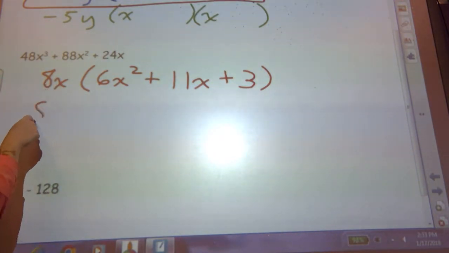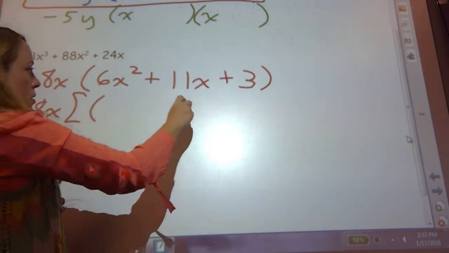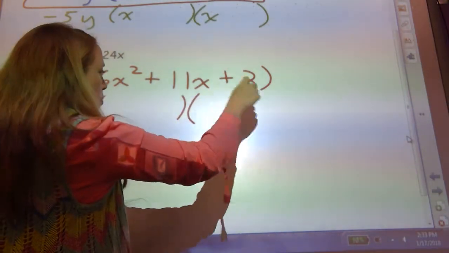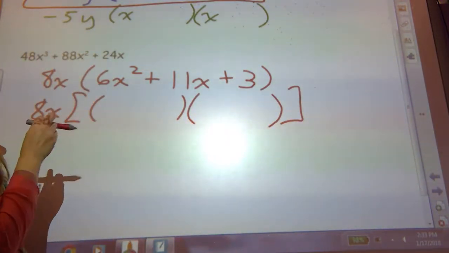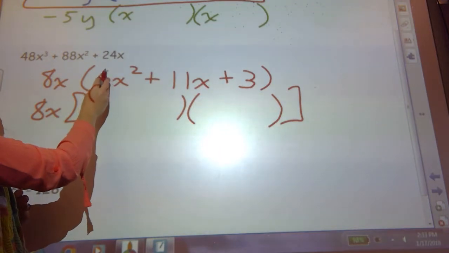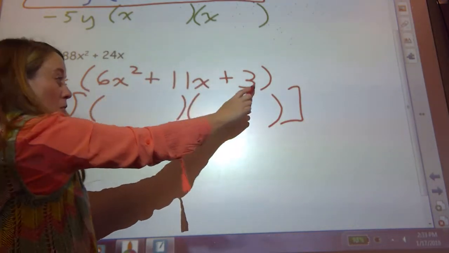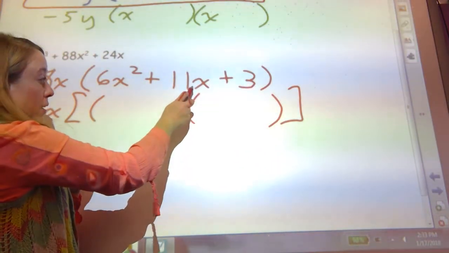So now I've still got this, and inside of this, I'm going to try to factor some more. I don't have any perfect squares, so I can't use that. So let's think about ways that we can factor my 6. So I could do a 2 and a 3. I want to somehow combine that with over here so that I can add them together to make 11.